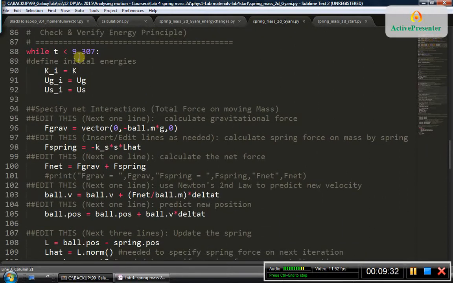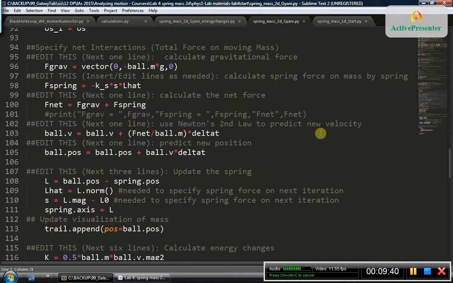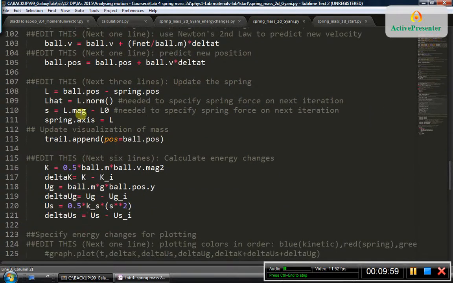The entire motion in the tracker video is for 9.30 seconds, so for that duration we are calculating it here. In each iteration the gravitational force is calculated, it has only the y component. The spring force is calculated, the net force is the sum of these two, and the velocity is calculated here, and the new position is calculated here, and the extension is updated here.